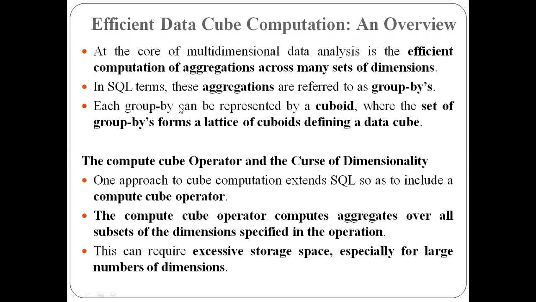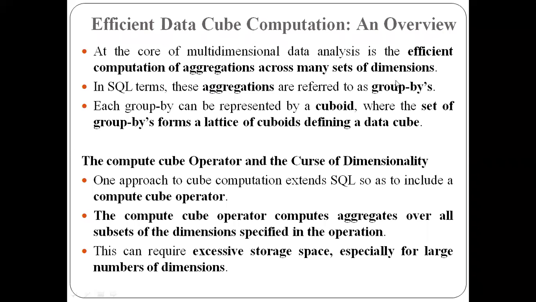In case of multi-dimensional data analysis, we'll be computing the cubes. These cubes are nothing but aggregations; you'll be performing the aggregation operation. The result of that aggregation operation is the result which is given to the user. Then how are we going to compute these aggregations? For the computation purpose, we have one operator, that is the group by operator.